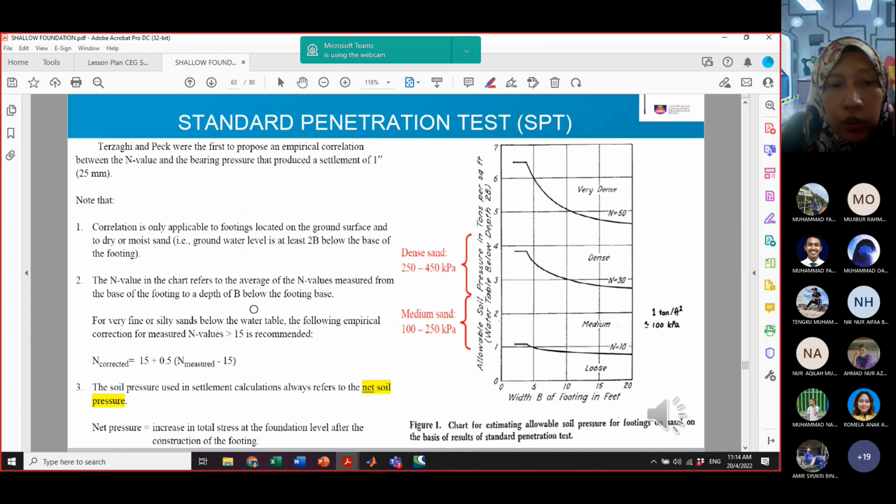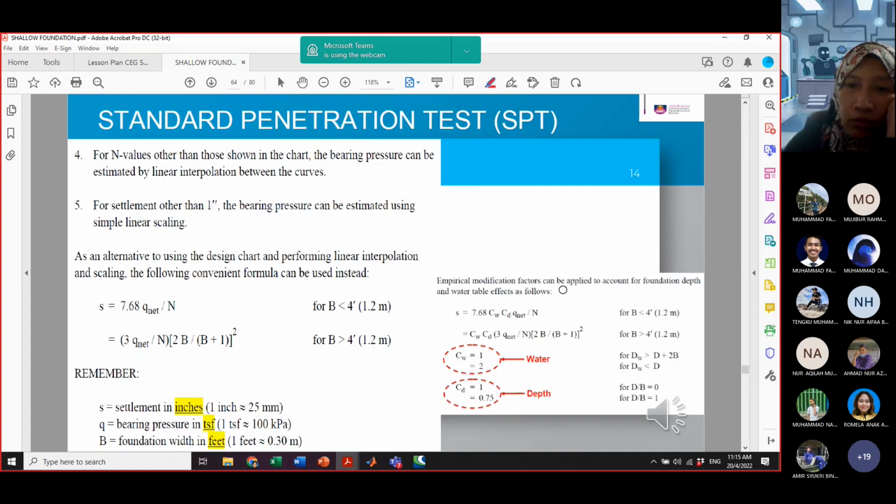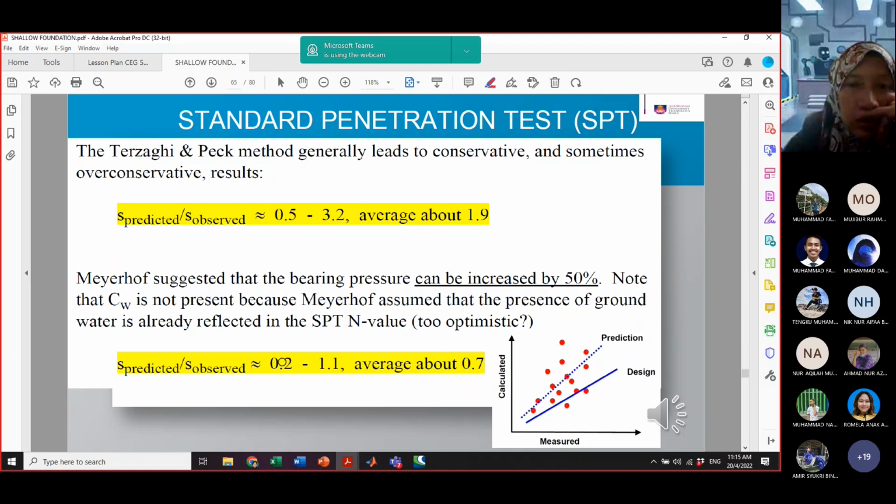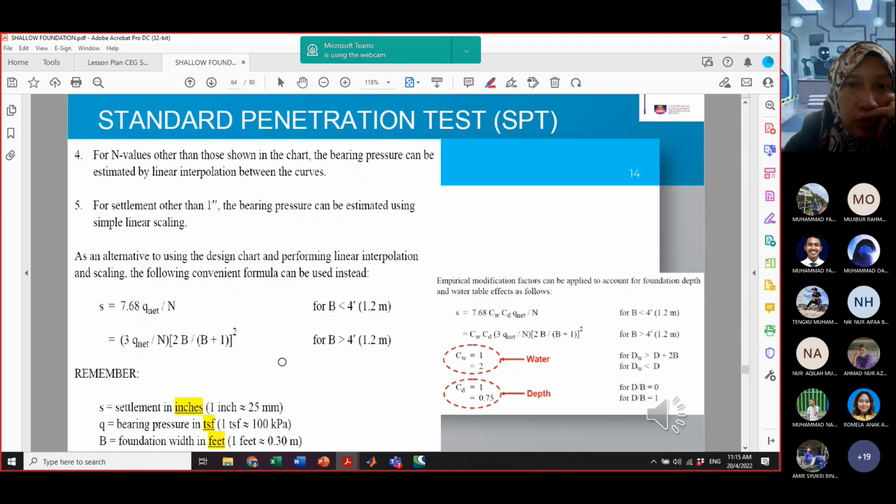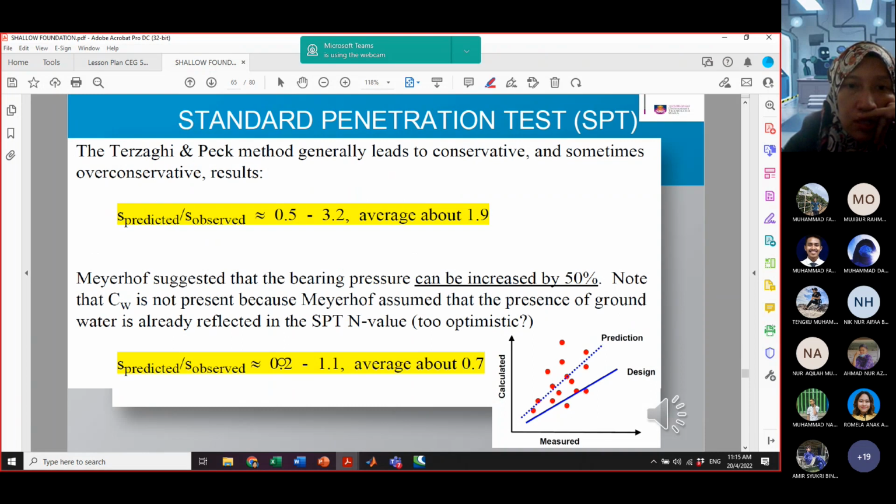Maknanya kalau kita nak guna formula tu, sebabkan dia SPT value kan, so SPT value ni dia represent the strength of soil menggunakan N number, N value. So N value ni nak kena buat apa bila kita dah dapat? Is it need to do the correction ataupun kita can use straightforward the calculation the N value that we obtain from the SPT? Itulah dia punya few conditions lah bila you pakai this kind of formula ataupun you pakai standard penetration test to estimate the settlement.